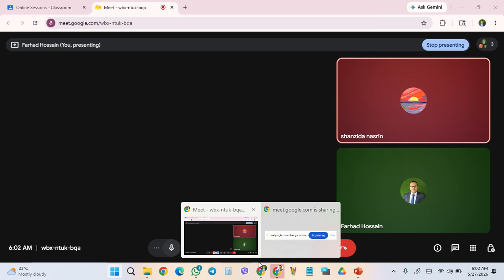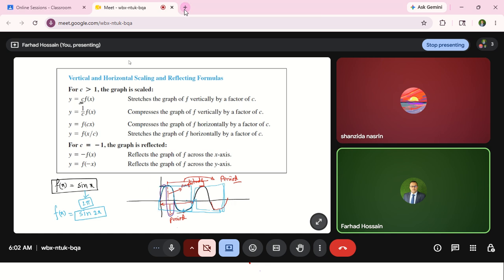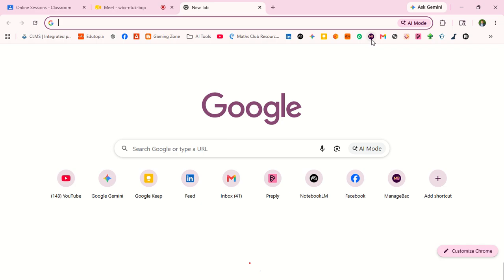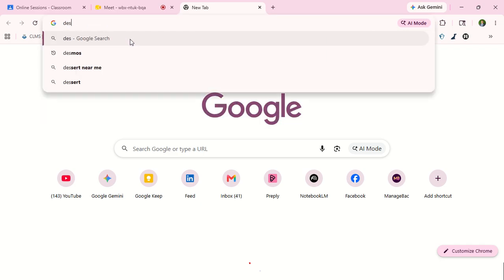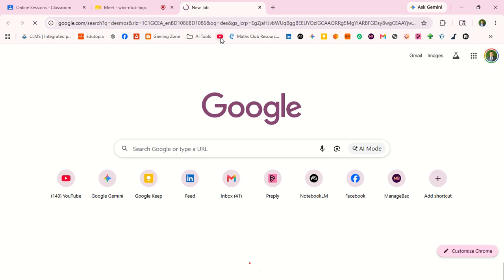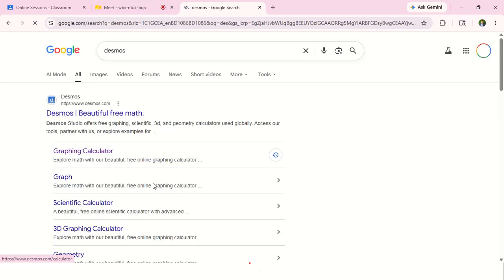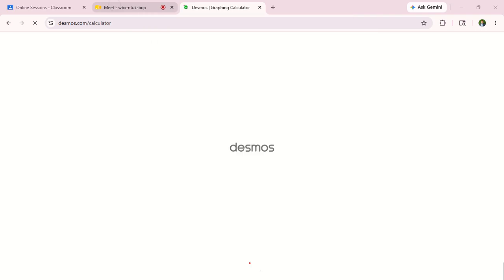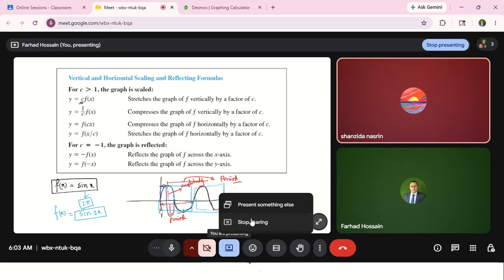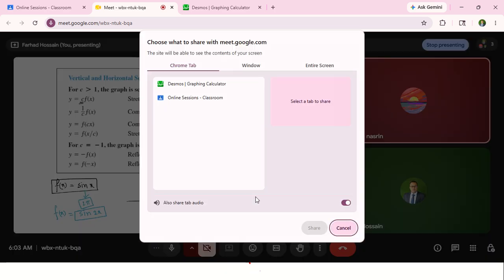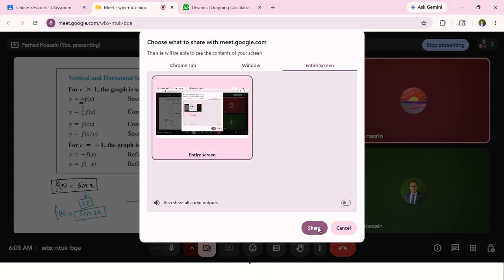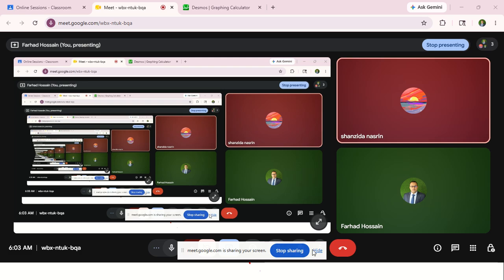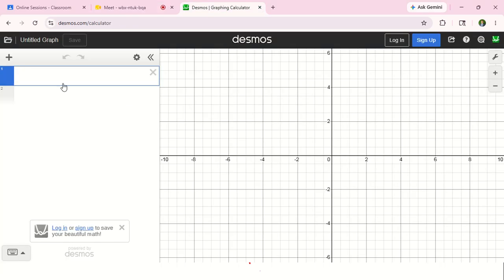It will be easier for us. Can you see the screen?